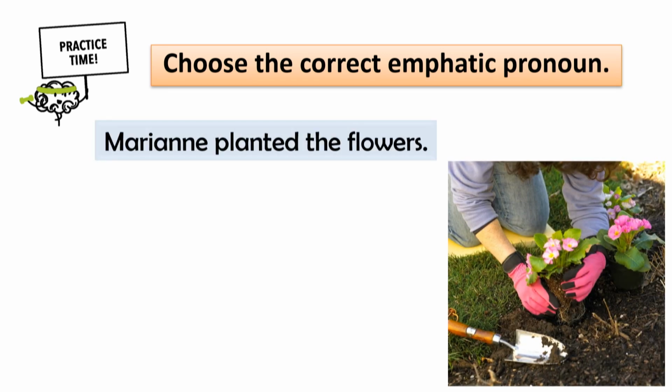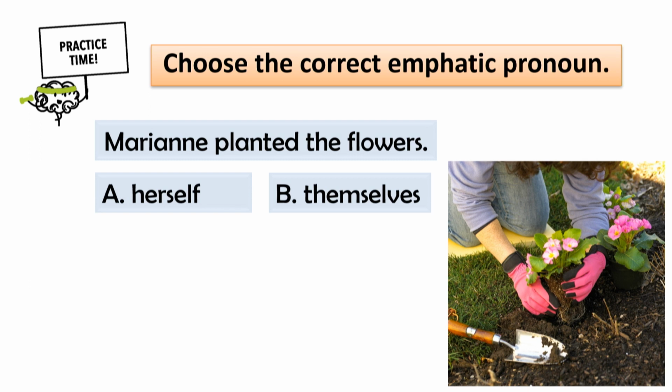Which emphatic pronoun will you use if you want to emphasize that Marianne planted the flowers? Is it A, herself, or B, themselves? Absolutely. A is the correct answer.